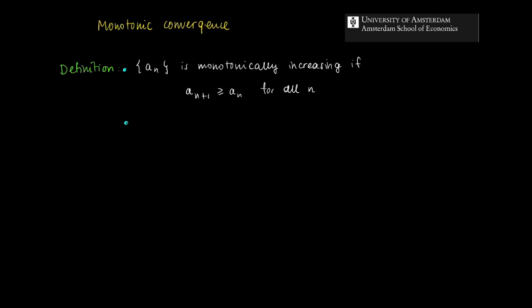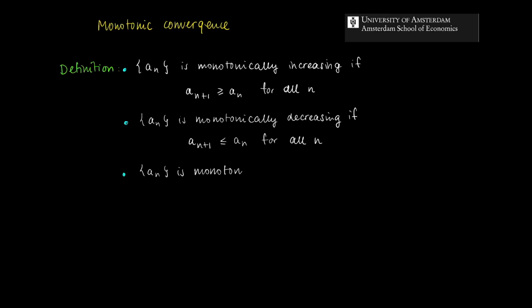Similarly, we can call the sequence a_n monotonically decreasing. You can guess what happens if the reverse inequality holds, right? So a_1 is larger than a_2, a_2 is larger or equal to a_3, a_3 is larger or equal to a_4, etc. And we call the sequence just monotonic if one of these properties holds true, so either the sequence is monotonically increasing or it is monotonically decreasing.